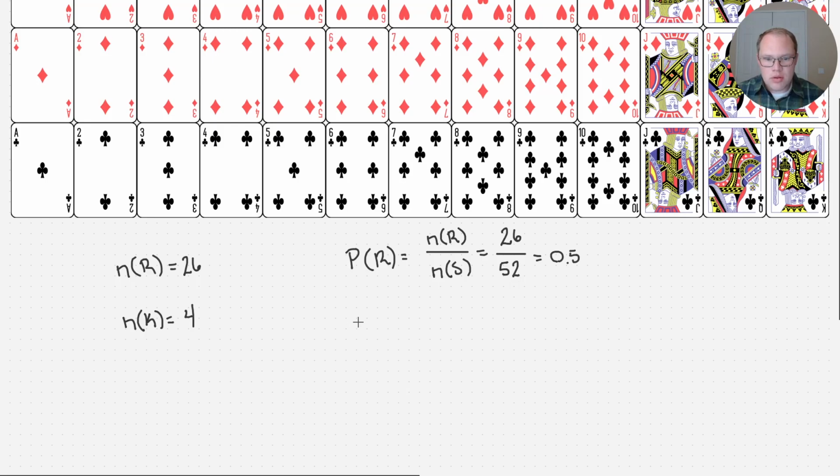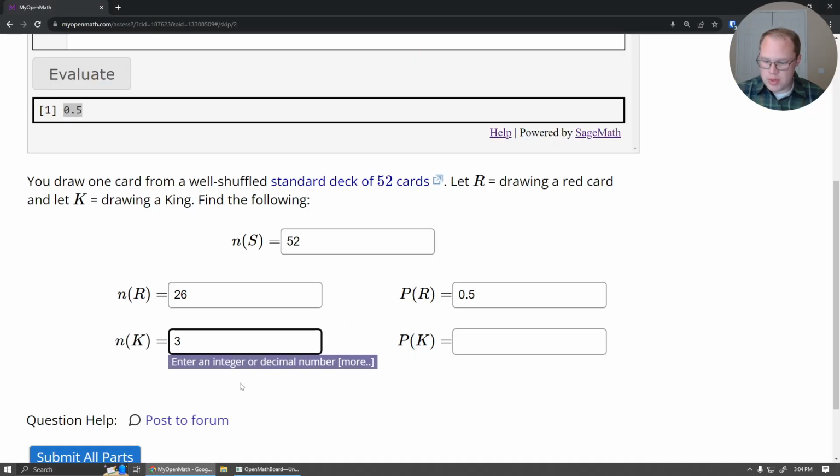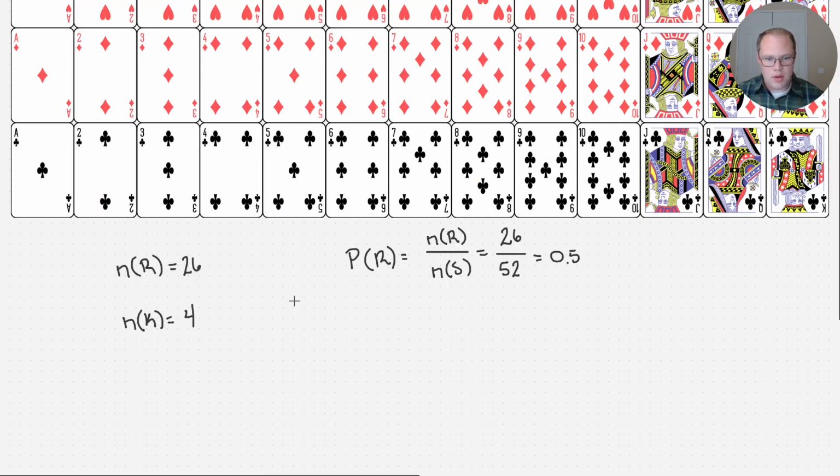So now that we have that as 4, let's calculate the probability of drawing a king. So we use our formula: N of K, the number of kings there are, divided by N of S, the total number of outcomes in the sample space.